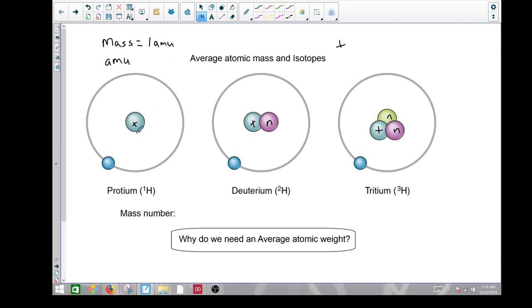This is the case because the electron has essentially no mass, but protons have 1 AMU, and neutrons have 1 AMU. So this one has a mass number equaling 2 AMUs, and this one is going to have a mass number equaling 3 AMUs.